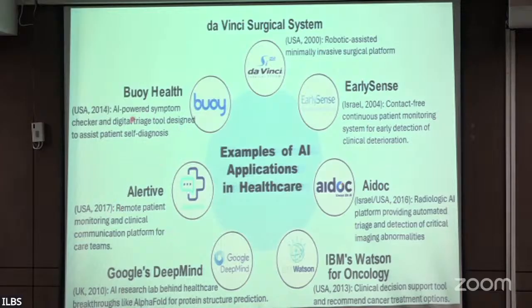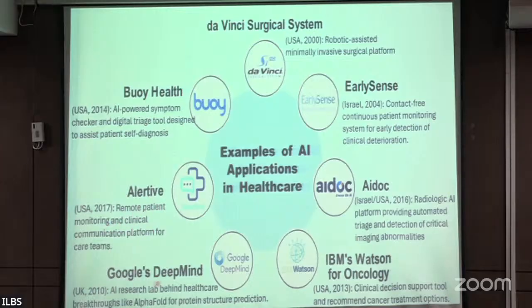Buoy Health, Ada, and others are symptom checkers. This is a digital triage tool designed to assist patient self diagnostics. So there are patient self diagnostic facilities, continuous monitoring of vitals, and then remote patient monitoring.